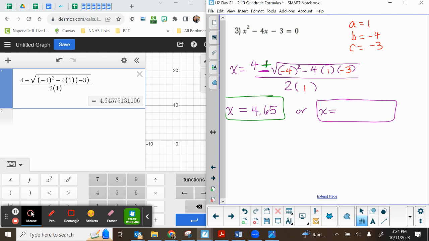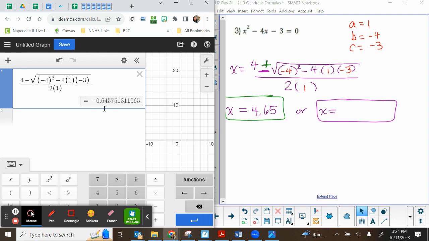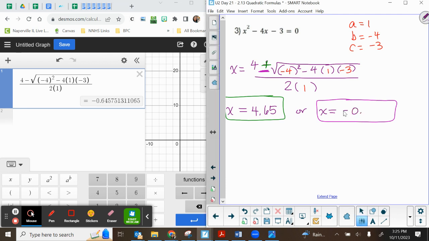So all I have to do is go into Desmos. I don't have to retype it. I can just change this plus to a minus, and I get negative 0.65. The important thing is, remember, this is all over 2a. So negative 0.65 is my other answer.